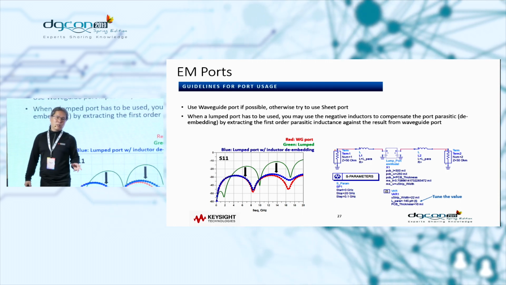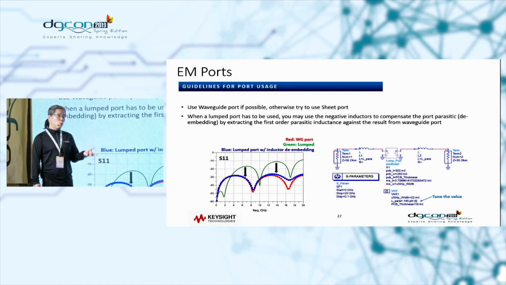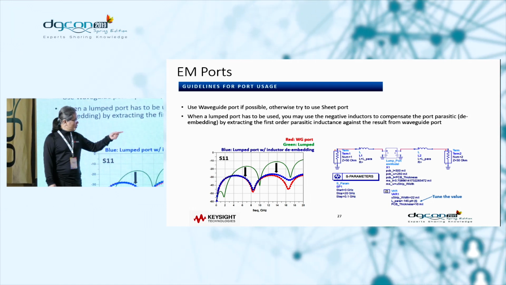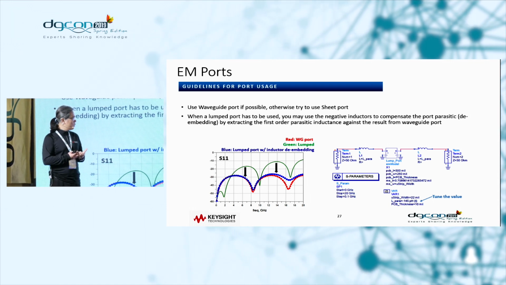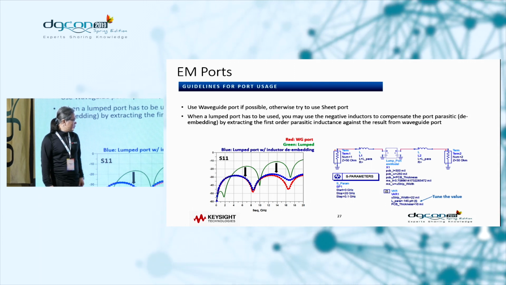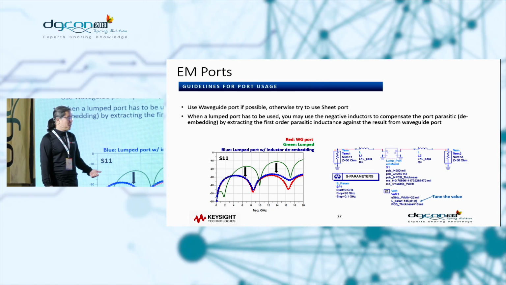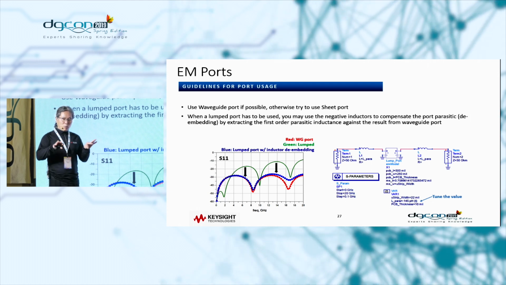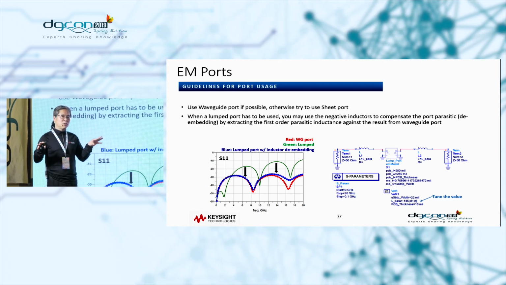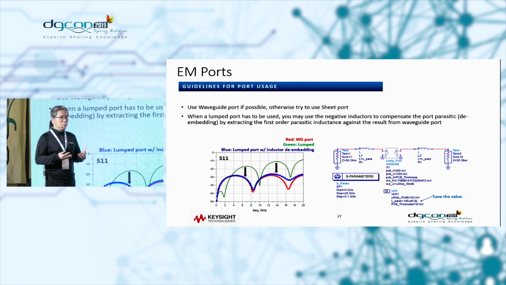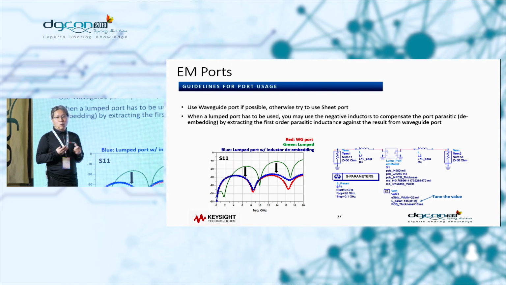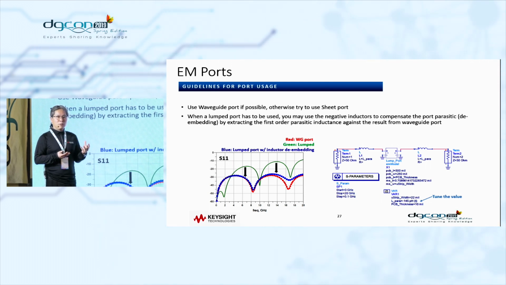By doing so, you can extract the port parasitics of the lump port. In this case, I came out with 145 picohenry, which is the parasitic inductance associated with the EM simulation.